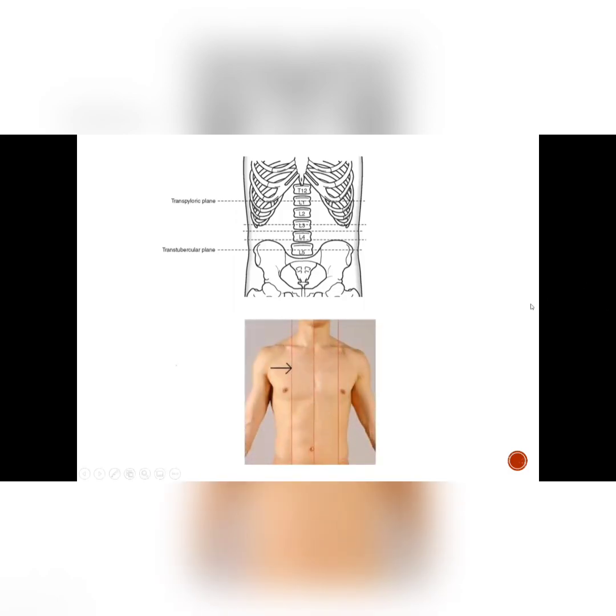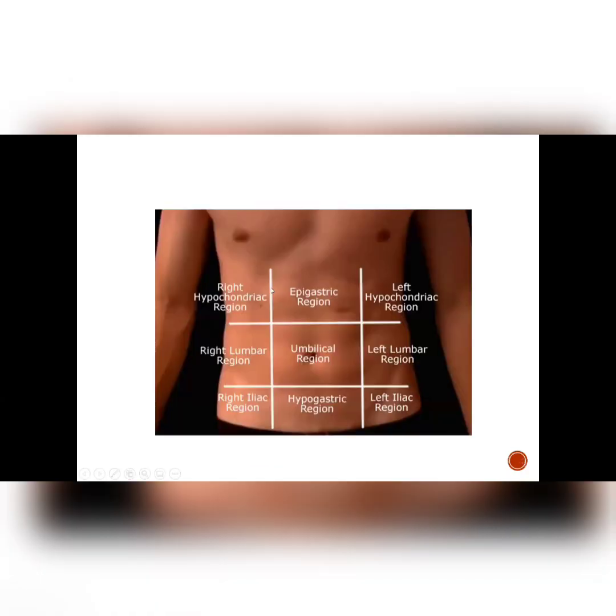Whereas the vertical planes that you need to know are the mid-clavicular lines on both sides, right and left. So when the transpyloric and transtubercular planes intersect with the mid-clavicular lines, that is how these 9 regions are demarcated.